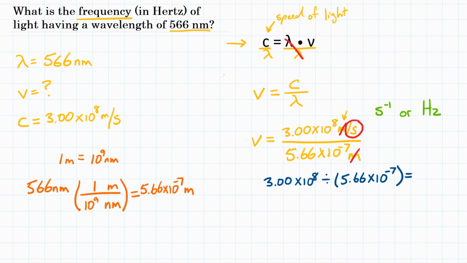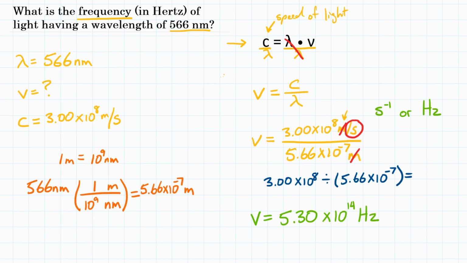And looking at your calculator, you should have 5.30035 times 10 to the 14th. Let's round that to 3 significant figures, and we should end up with frequency equaling 5.30 times 10 to the 14th, and our units are again Hertz.